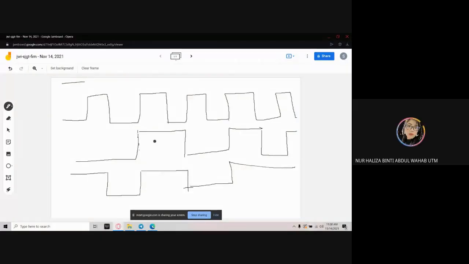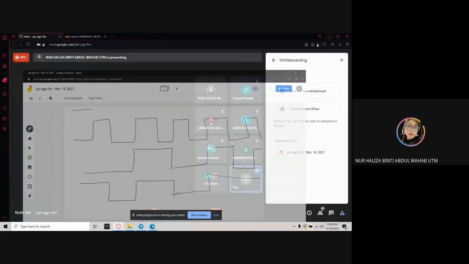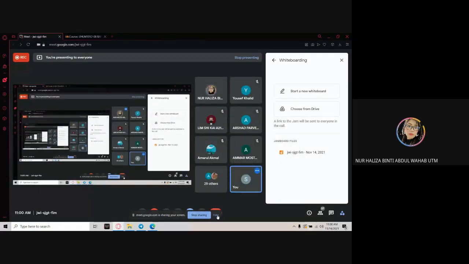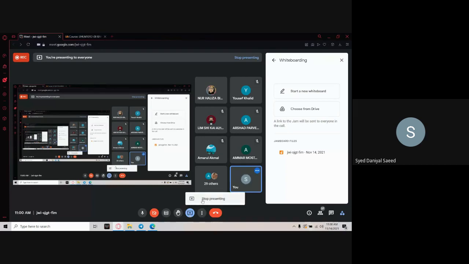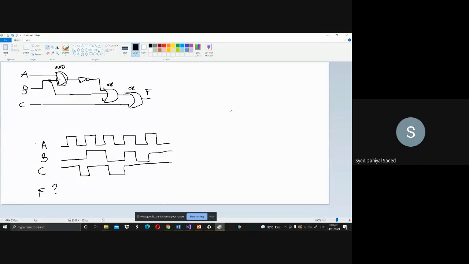You can screenshot my circuit, and then paste the picture into your Jamboard. It's much better, I guess. Let me try it. You just screenshot mine, then copy paste and put it into your Jamboard. So others, please be patient for a while.